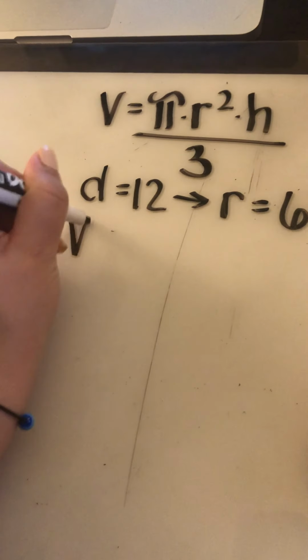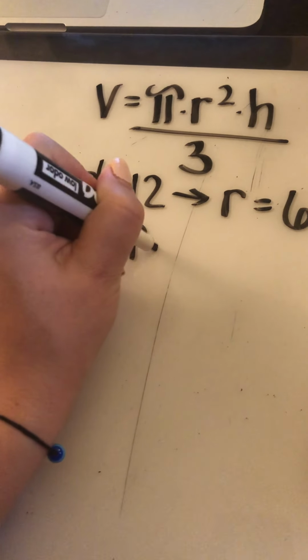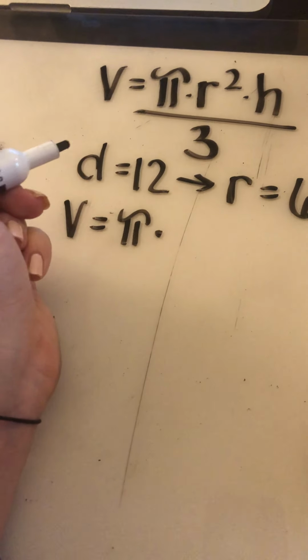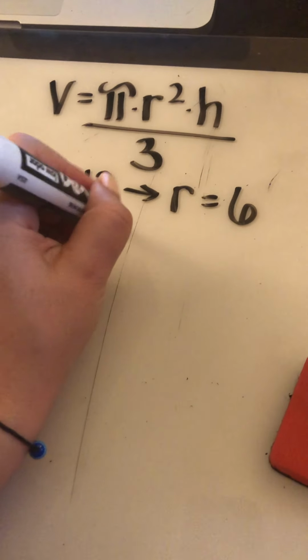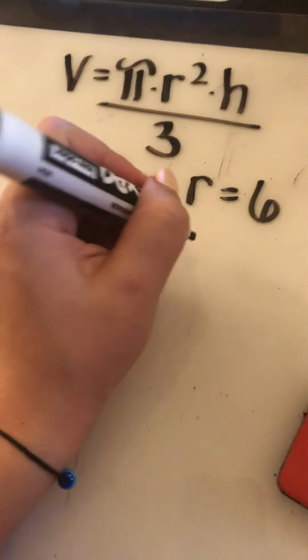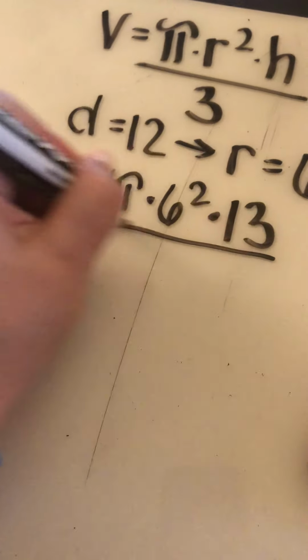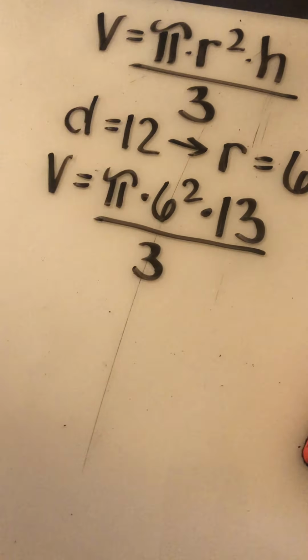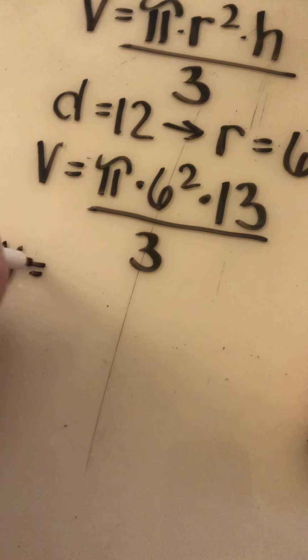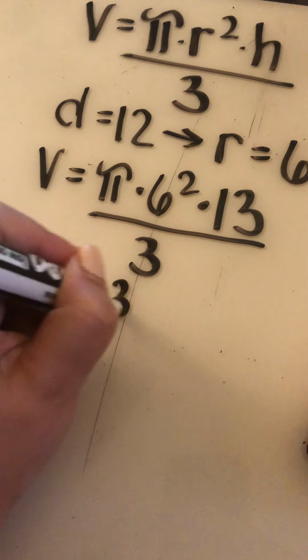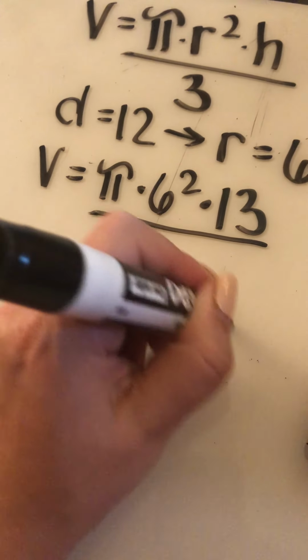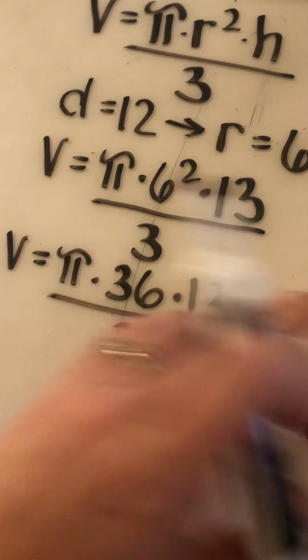So I'm going to write V equals pi times, I'm not going to use 12 because that's my diameter, I'm going to use 6, which is the radius. 6 squared times, our height was 13, over 3. Exponents first, so 6 squared. V equals pi times 36 times 13 over 3.